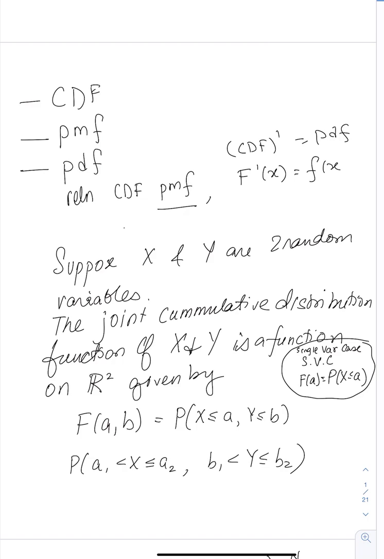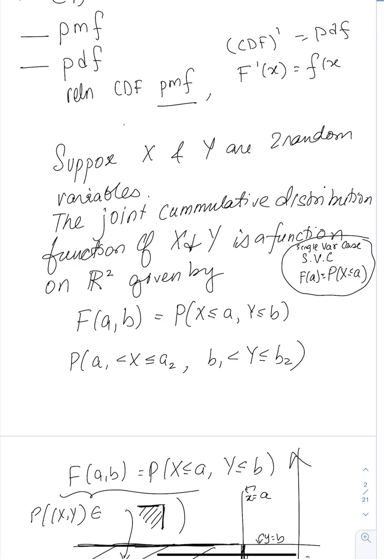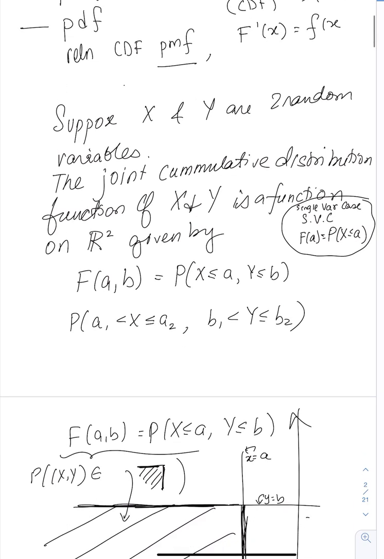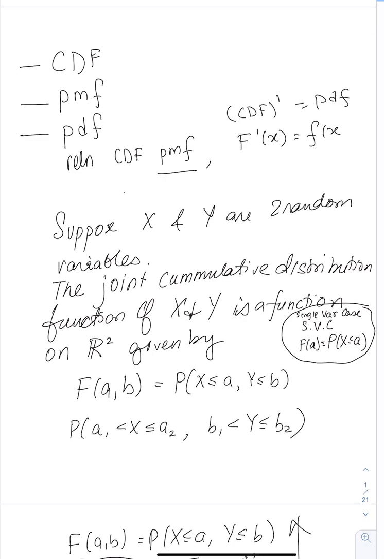And what's the relation between the joint CDF and the joint PDFs, and how do you use the probability density functions to find probabilities? Otherwise, it's very similar to what you did in one variable. Of course, with the integration, you have to be worried about a region in R2, so you need to be more careful about the calculus part of it.